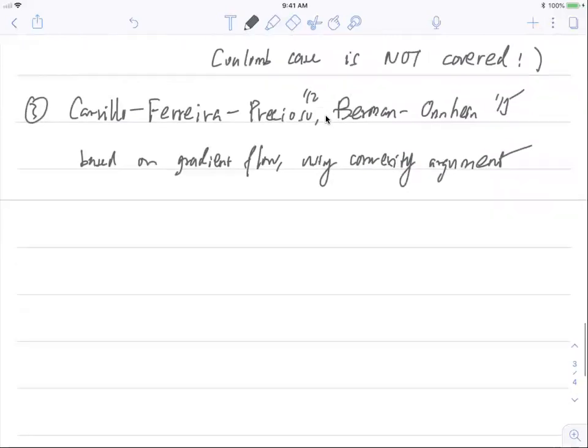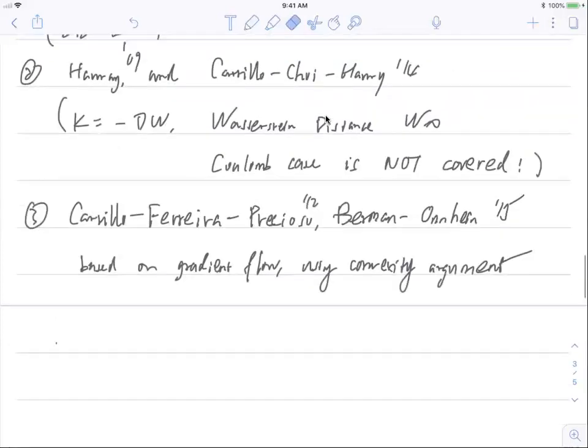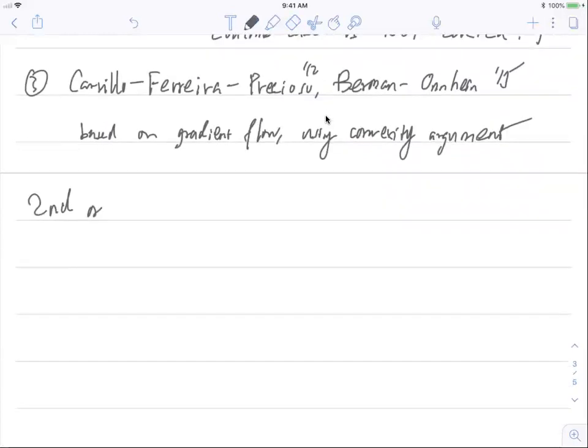And also the papers for second order systems. These are all for first order. For second order systems, like my paper, the limit equation is the Vlasov equation.